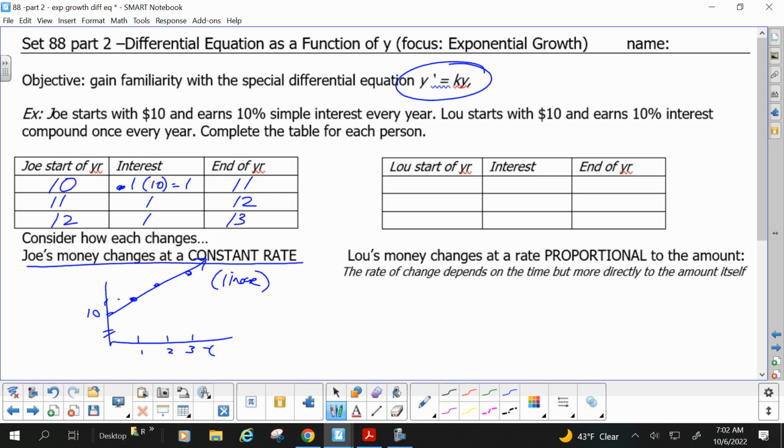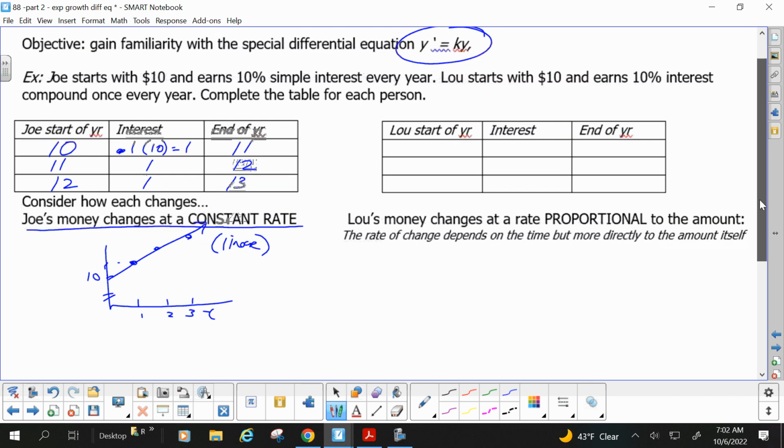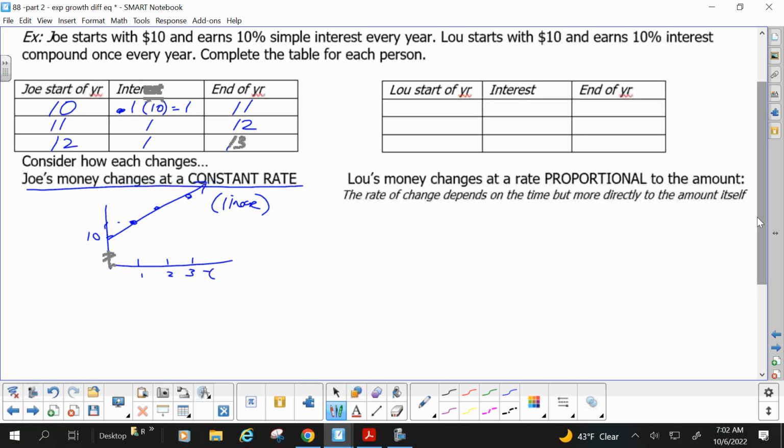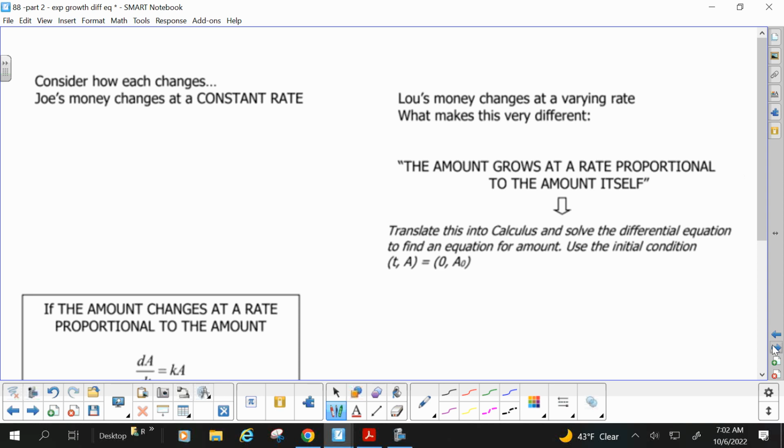Now if I were to treat that in a differential equation kind of way, I would say that the rate of change in Joe's money is constant, k.